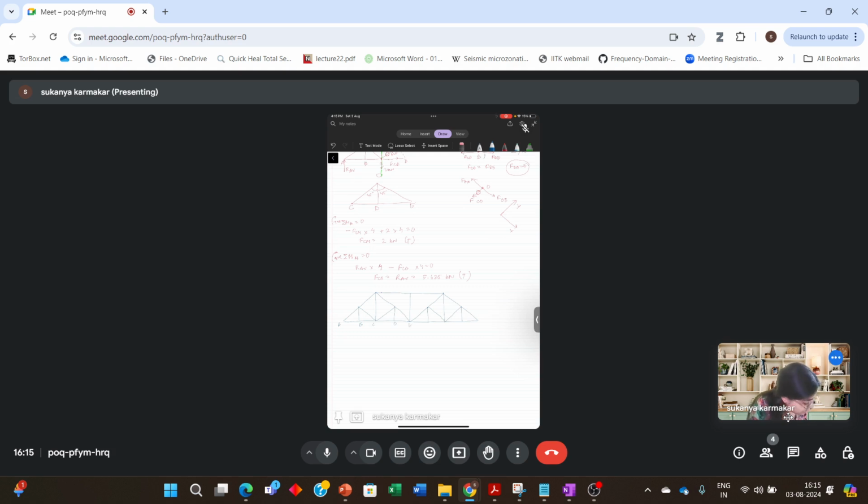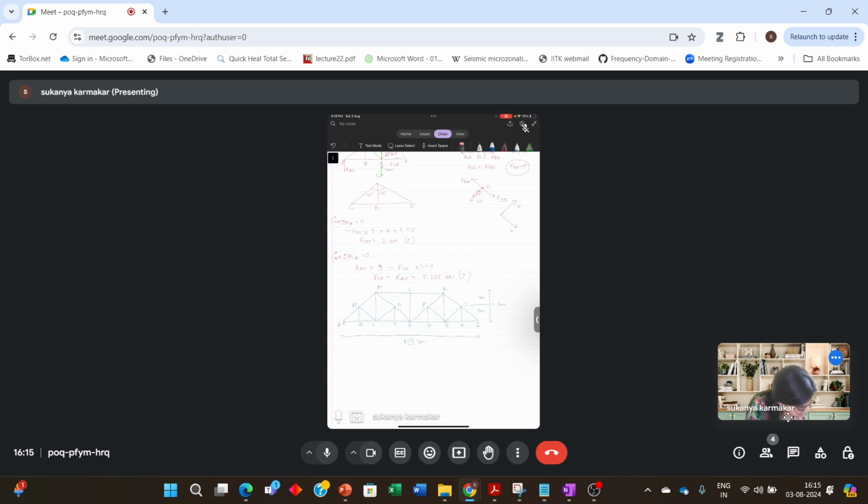E, F, G, H, I, J, K, L, M, N, O, P. This distance is 4 meter, like 2 meter and 2 meter. And these panels are all equal in length. So 8 panels, each of distance 2 meter.